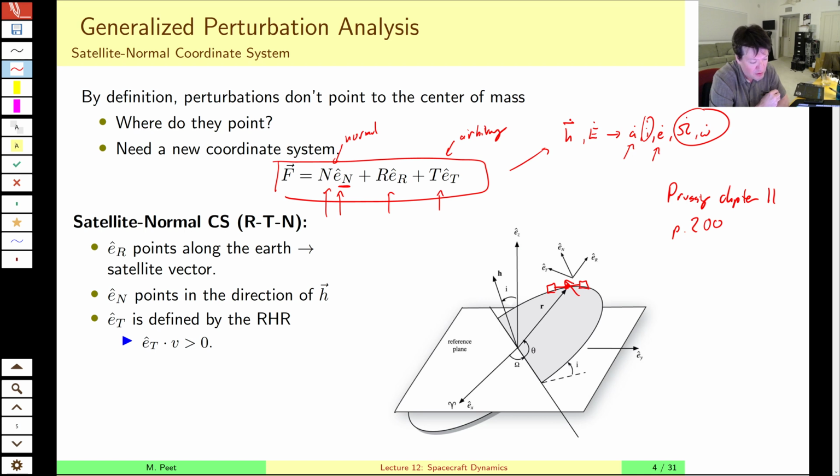However, the perturbations to the Earth's gravitational field do. So that's the first coordinate. The second is radial. R stands for radial.